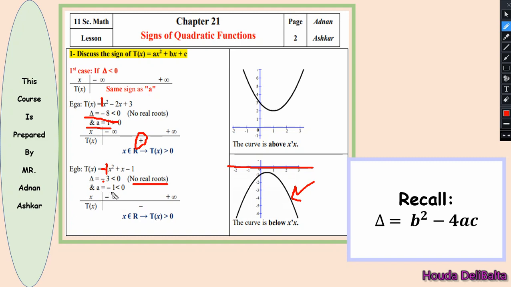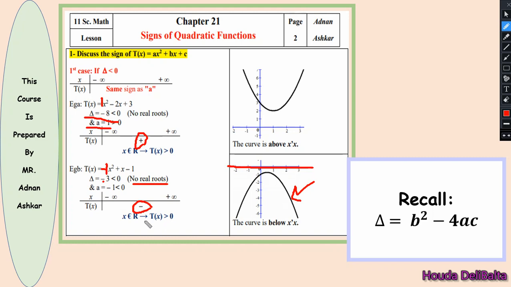Then a is negative. Let's see the table here. x, f of x, the function here is f of x. It's defined over minus infinity to plus infinity, and there is a minus sign here to tell us that the sign of this function is negative. Why? Using the curve, because it's below the x-axis.